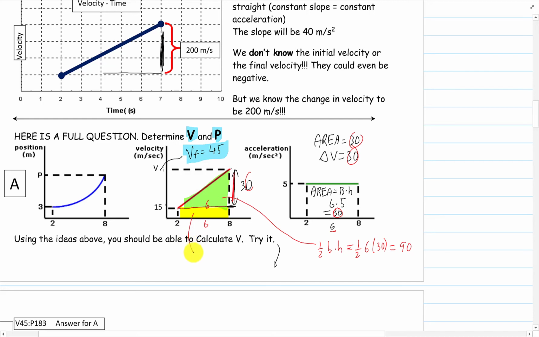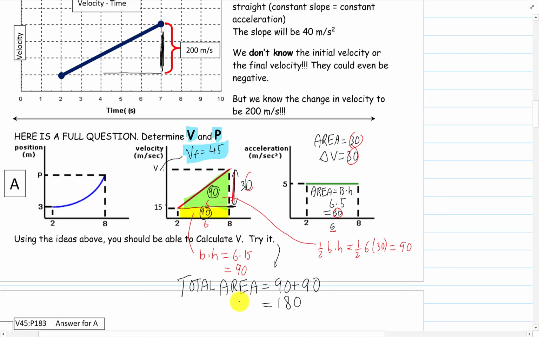And this yellow one is just base times height. And that's going to be 6 times 15, which unfortunately still equals another 90. So both of them are 90. So this is 90, and this is 90 as an area. So the total area is equal to 90 plus 90, which is equal to 180.